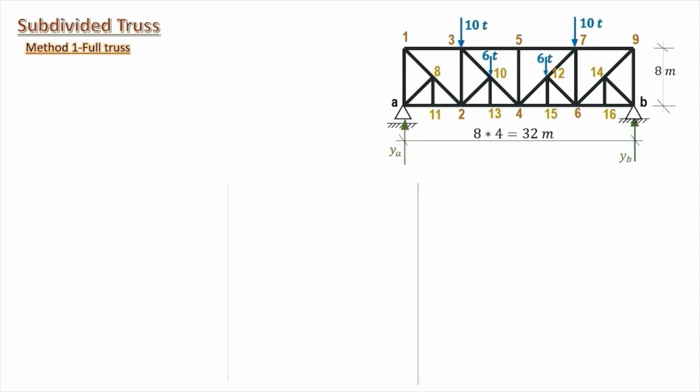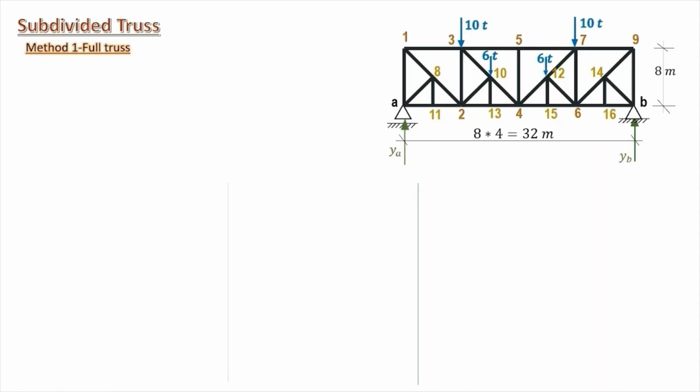There are two methods for computing this truss. The first is to consider the full truss as it is shown and compute using traditional methods. The second method is to separate the initial truss from the subdivided trusses, or the small triangular trusses here.